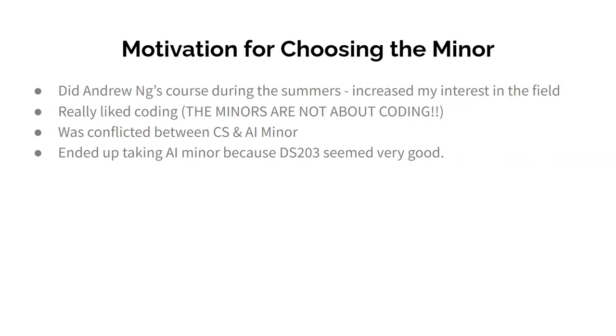So I ended up taking DS203, Programming for Data Science, because the course was programming heavy and super hands-on. It involved a lot of take-home programming assignments. I really wanted to do something hands-on, get some practice, and get some hands-on experience and not just be limited to theory.